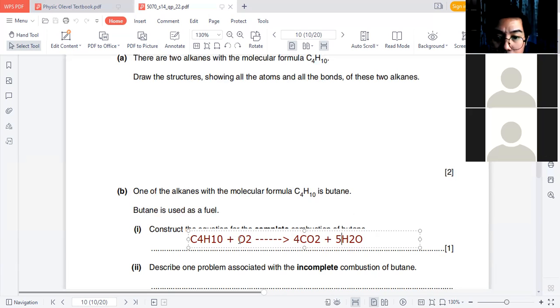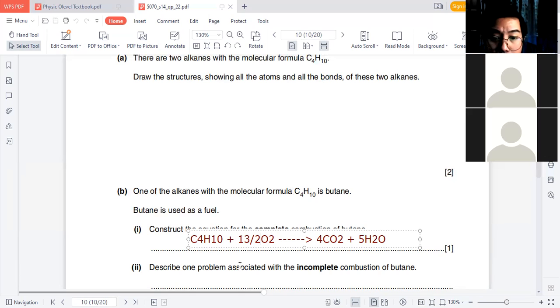So here I put 13 over 2. You can only use fractions for diatomic molecules. Remember that. Only use fractions for diatomic molecules, because the 2 would cancel off. So you have 13 oxygen. Is it good?